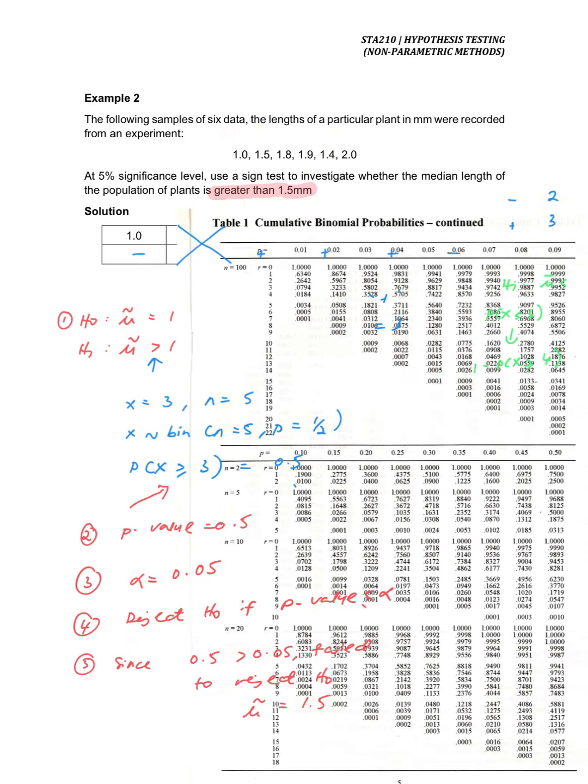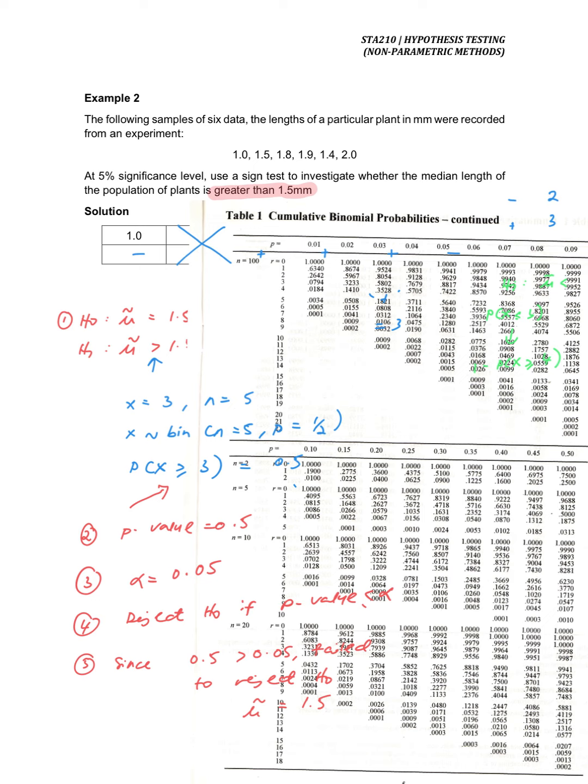N kita 5. Okay, awak cari probability of X greater or equals to 4 for P kita 0.5. So dia adalah bersamaan 1 tolak 0.1875. So awak tolakkan dulu 1 tolak 0.1875. So dapatlah dia punya probability value.